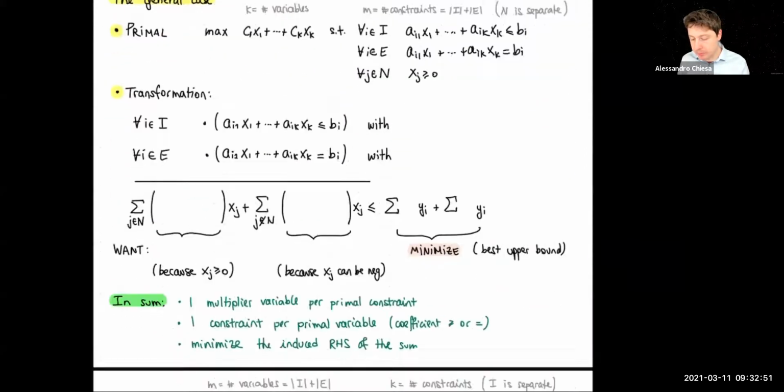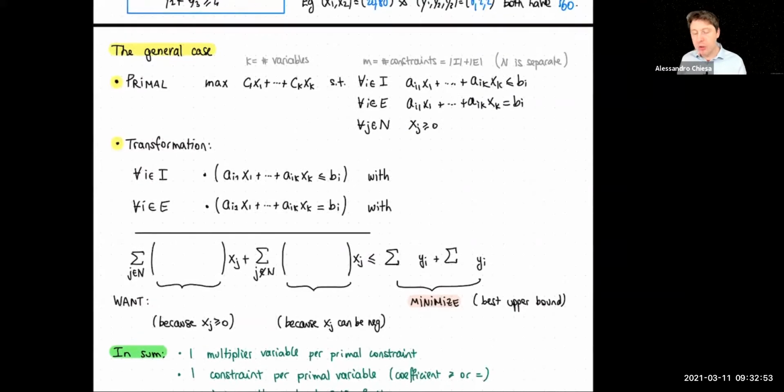So we're going to introduce y variables to correspond to generic coefficients in front of our constraints. Okay? And so here is yi, some generic yi, to multiply this constraint, this linear inequality.